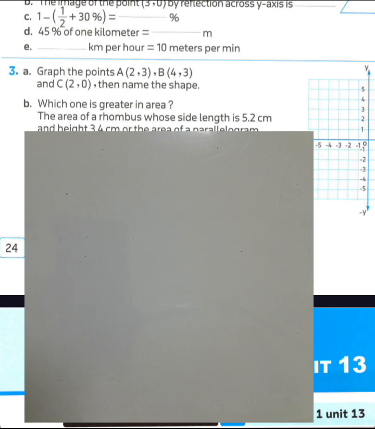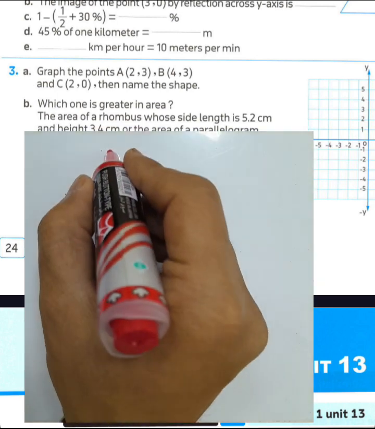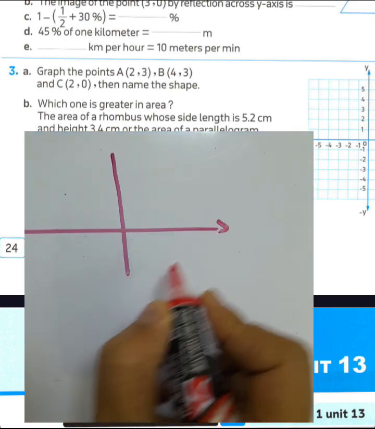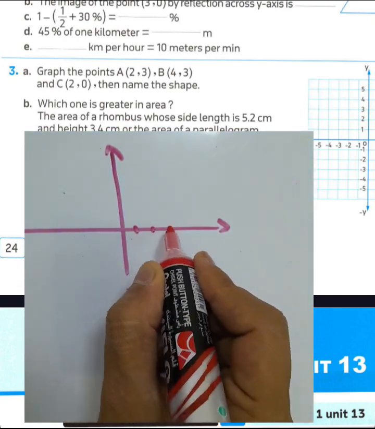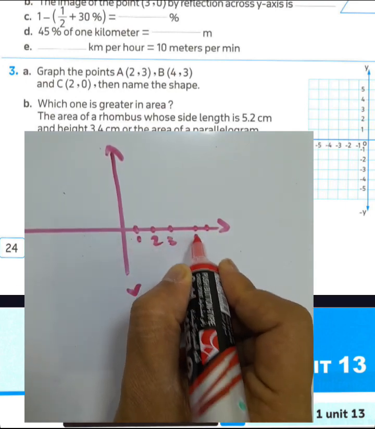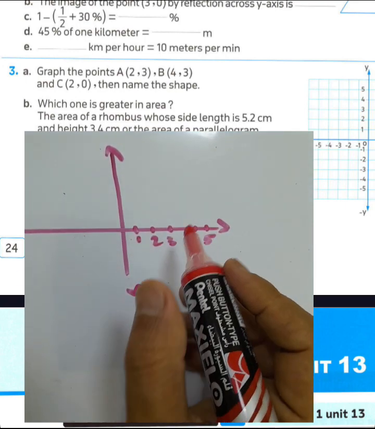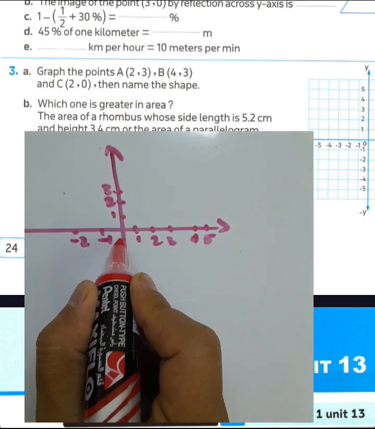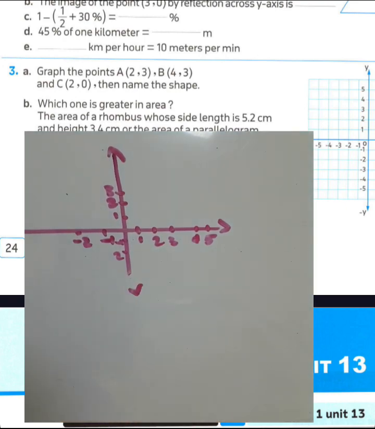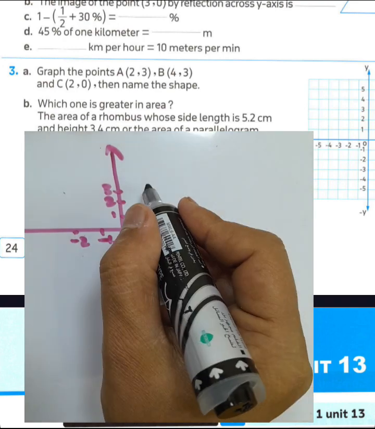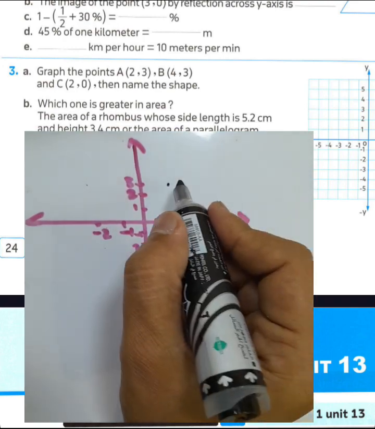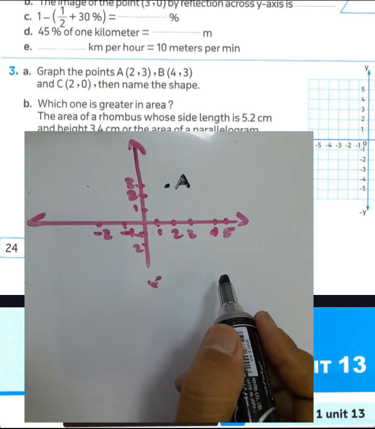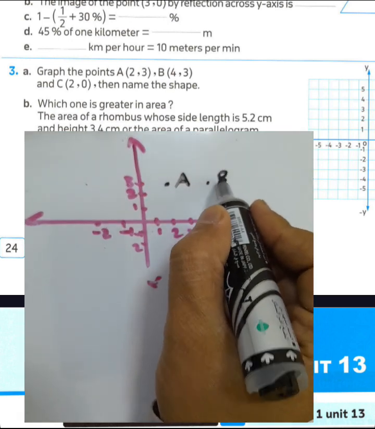Graph the points and name the shape. We have the graph here 1, 2, 3, 4, 5, and -1, -2, and here 1, 2, 3, -1, -2. The first point was (2, 3), going from 2 to 3, it's point A, and point B is (4, 3).